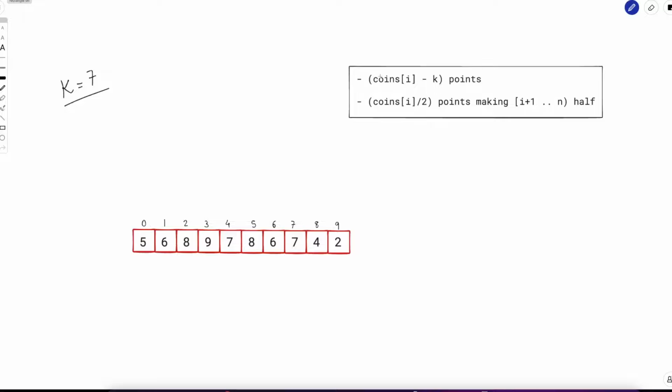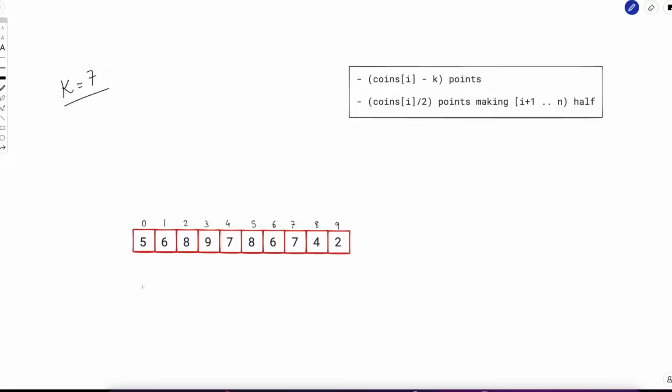Either you collect these many points and move forward, or you collect these many coins and reduce everything afterwards to half.